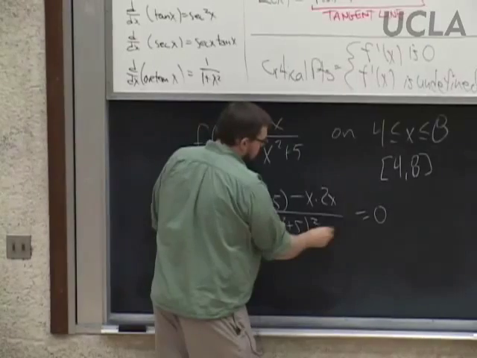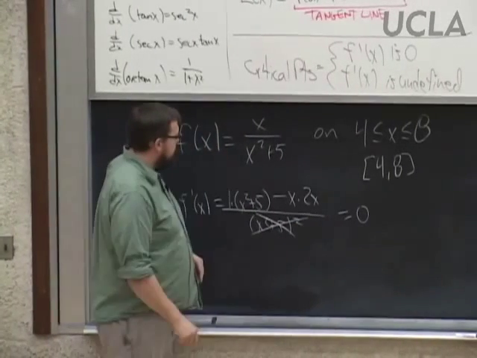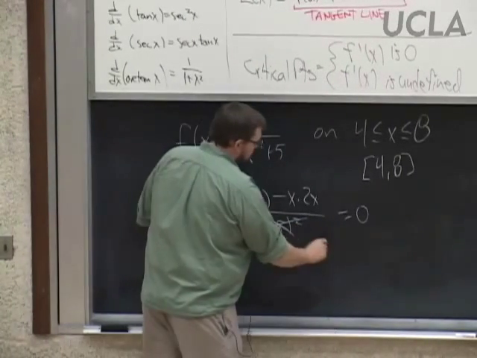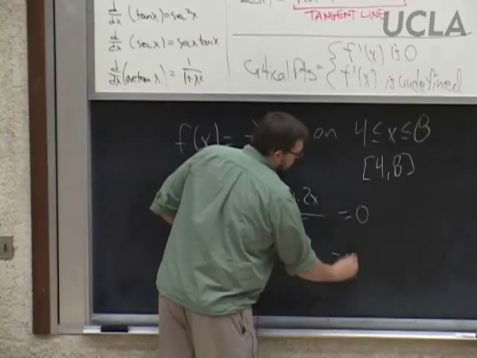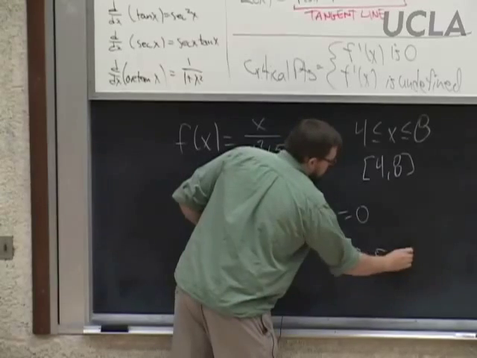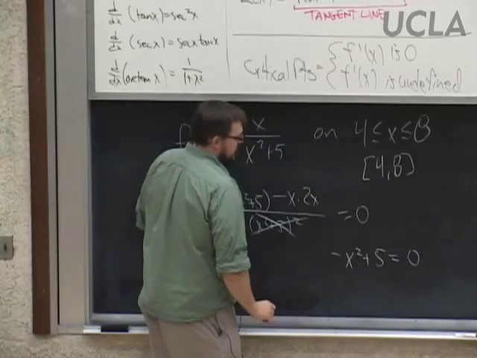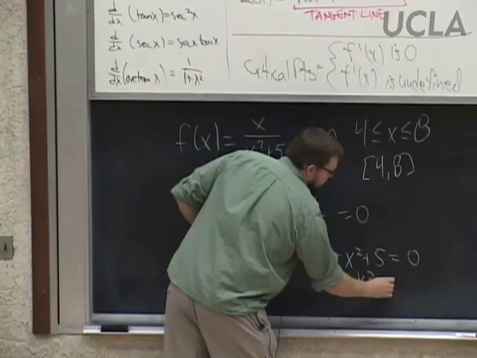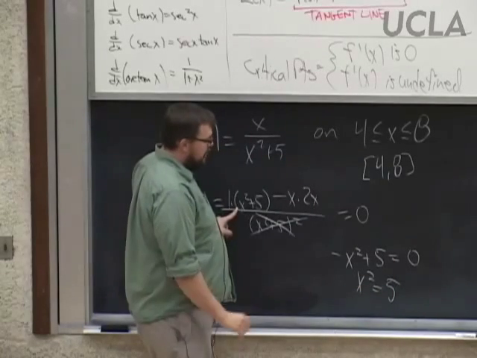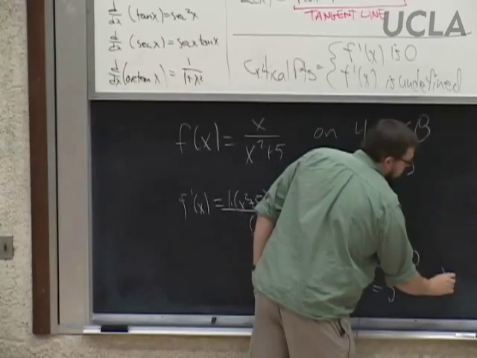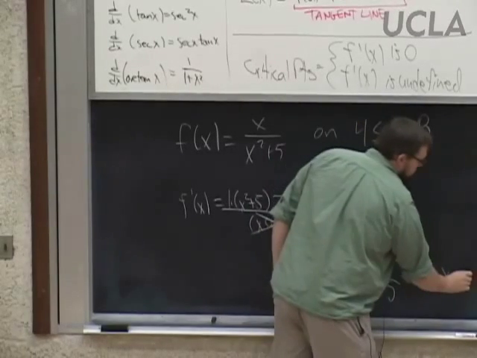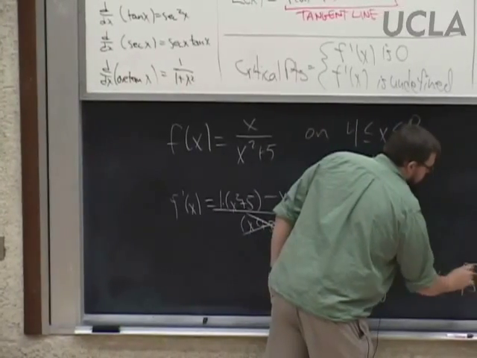If I rewrite this, I can ignore the denominator. So this becomes x squared minus 2x squared, so negative x squared plus 5 equals 0, or x squared equals 5. And what are the possible values for x? Square root of 5, plus or minus.